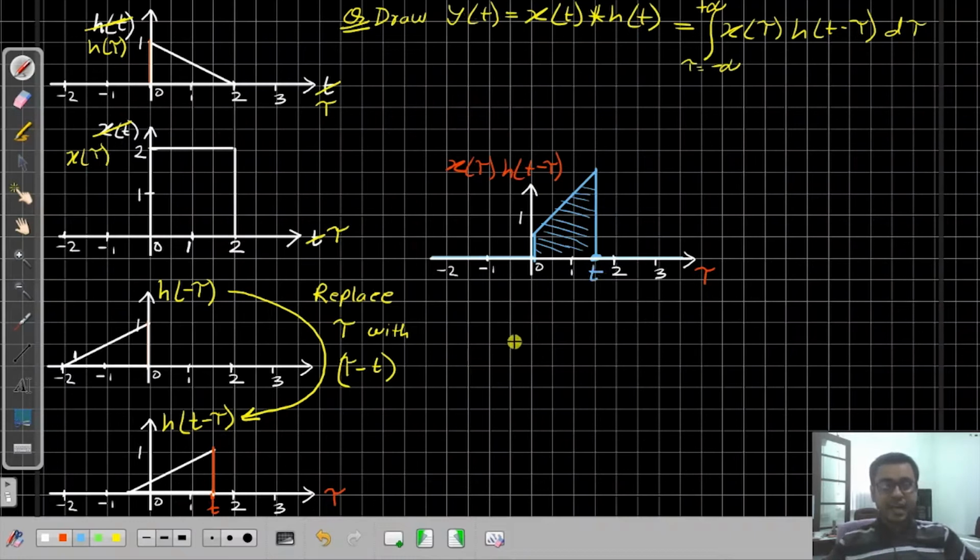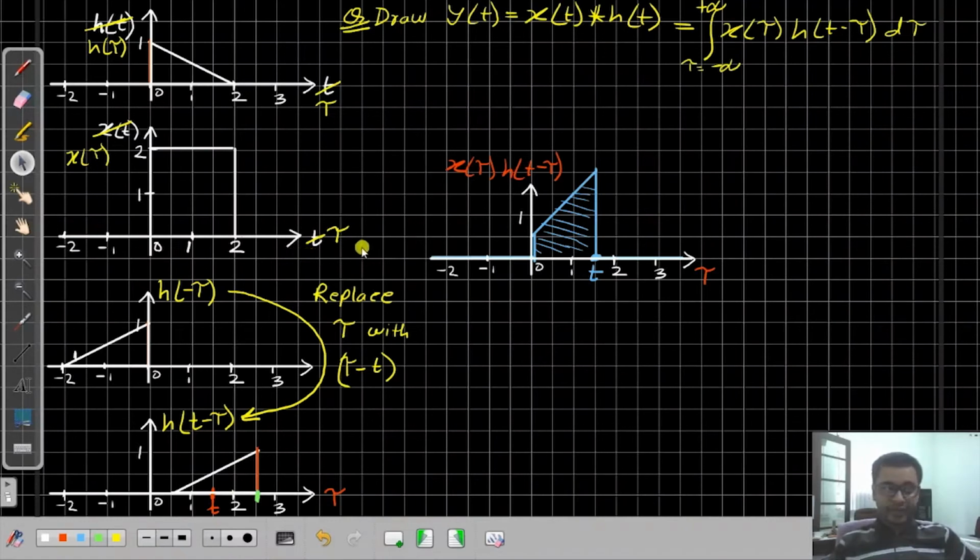Now to get the output at a different time instant, at a different value of t, suppose t is somewhere here, all we have to do is to move this signal to this point like this, bring it here, then multiply these two signals and calculate the area under the product.